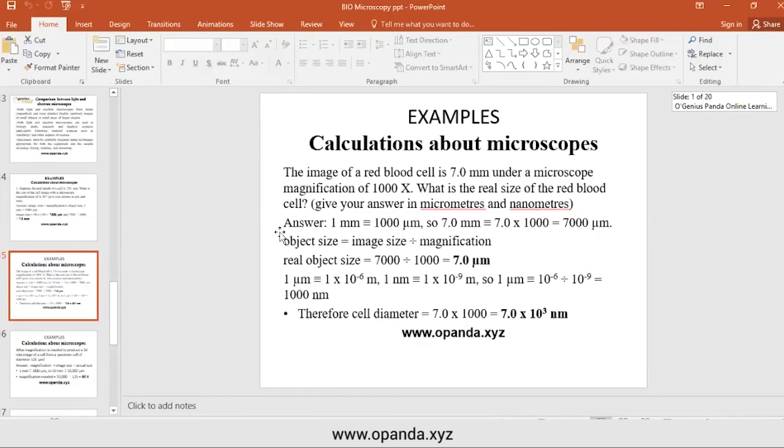Again, the formula: the object size is equal to the image size over magnification. That's why you find the object size, which is equal to 7,000 micrometers over the magnification of 1,000, which is 7 micrometers. So you are going to convert 7 micrometers into nanometers.